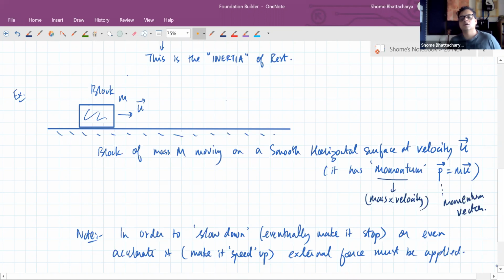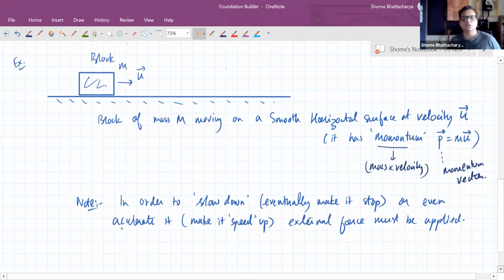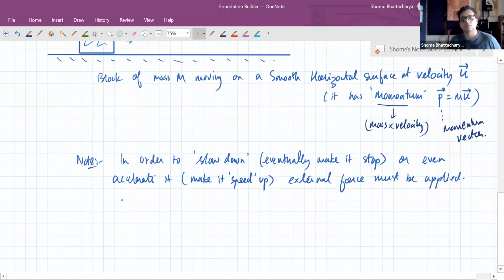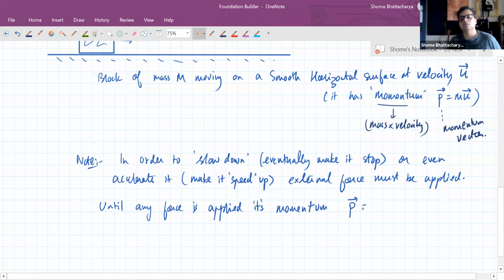Until and unless we apply the external force, its momentum p, equal to mass into the initial velocity, tends to remain constant.